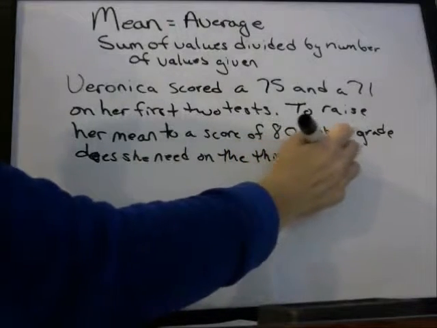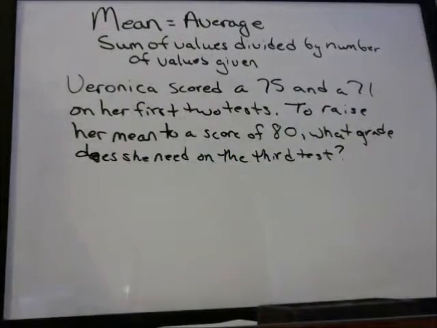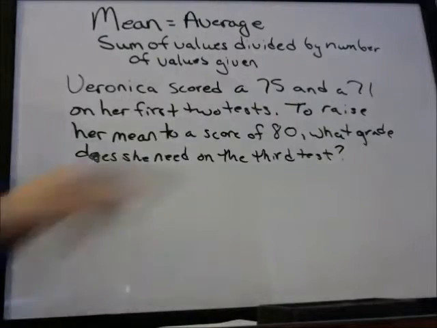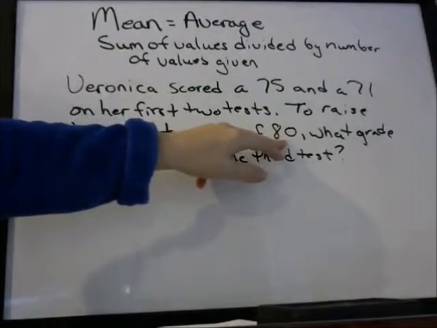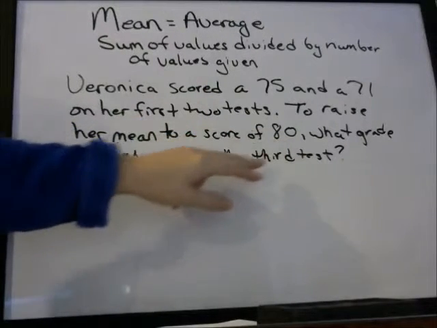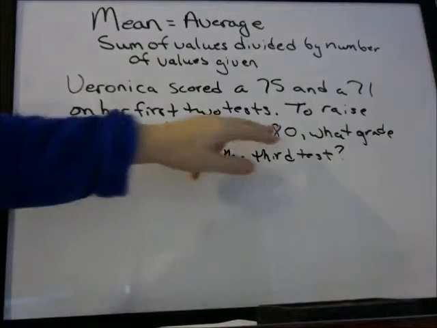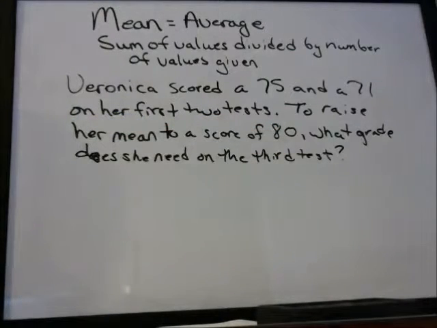So this is like school. You've taken two tests, you got a 75, 71. In the end, you want to score an overall 80. So what score do you need on this last test, on this third test, in order to give you an average of 80? Well, we're going to start out the same way.